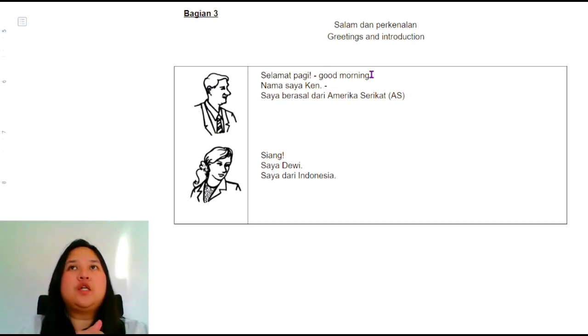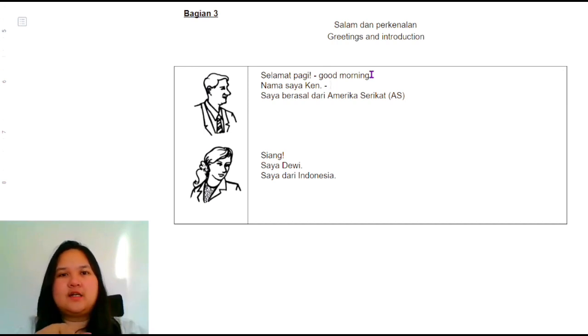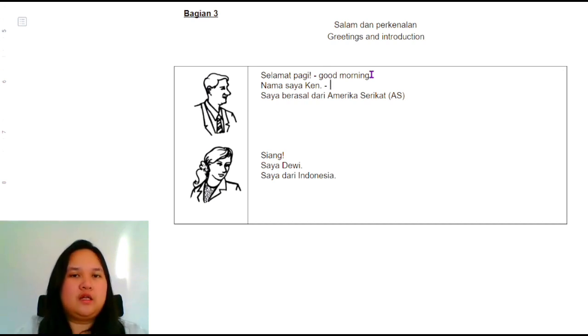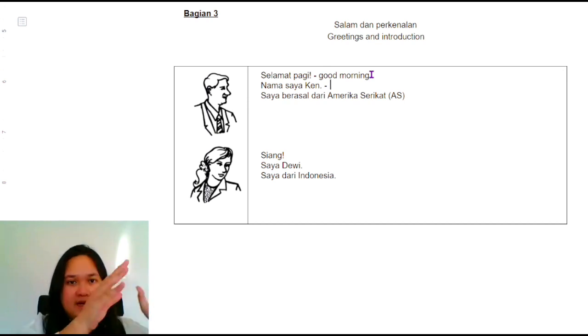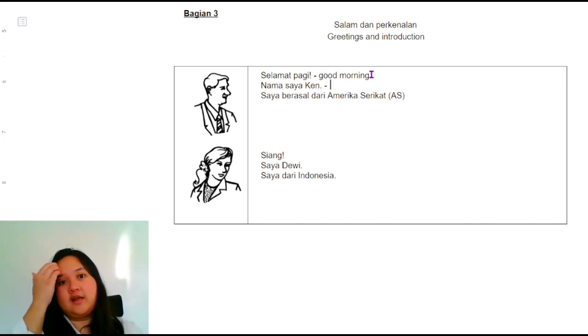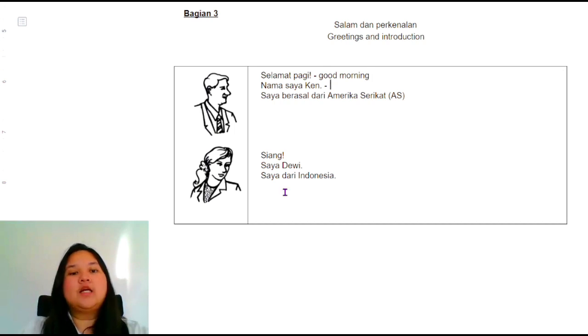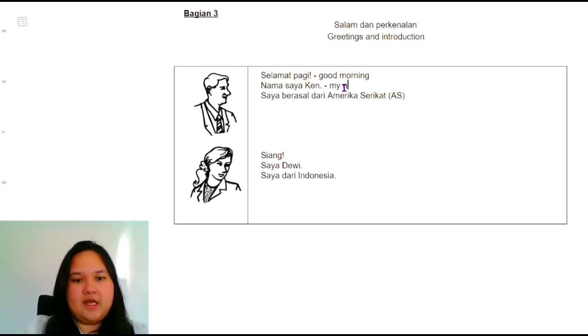But in Indonesian, when it's a possessive pronoun, the order is the other way around from English. In English, my name, and in Indonesian the name comes first and then my or I. Jadi nama saya. So the my is at the back here. Jadi my name is Ken.